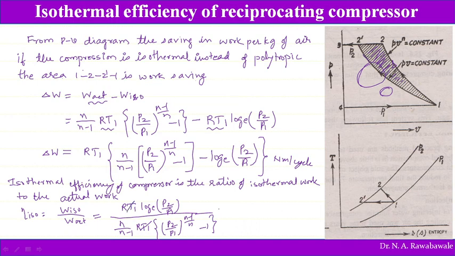RT1 gets cancelled. So this is log base e (P2 divided by P1), whole divided by N divided by N minus 1 bracket (P2 divided by P1) to the power of (N minus 1) divided by N, minus 1. So this is the isothermal efficiency of a compressor.